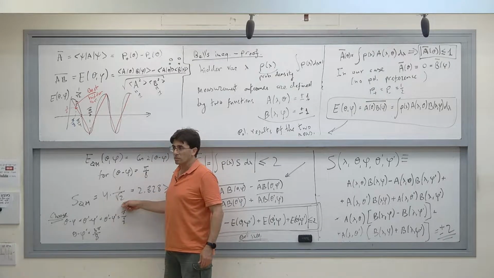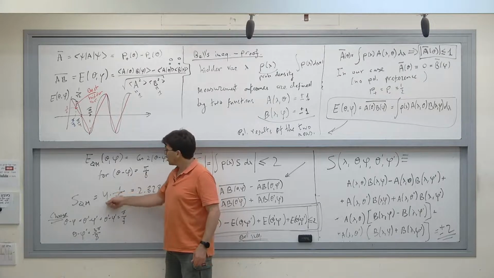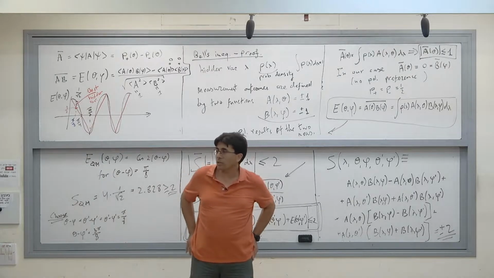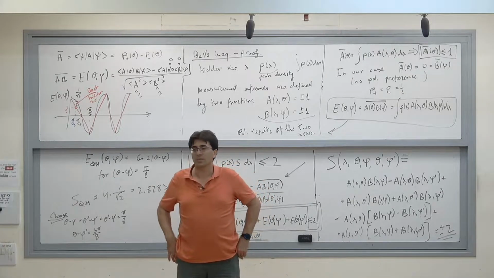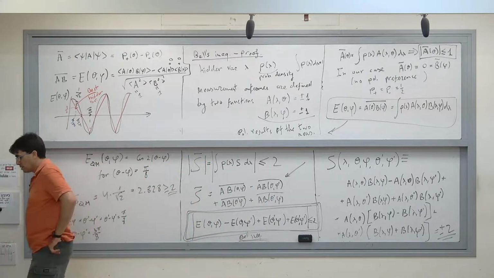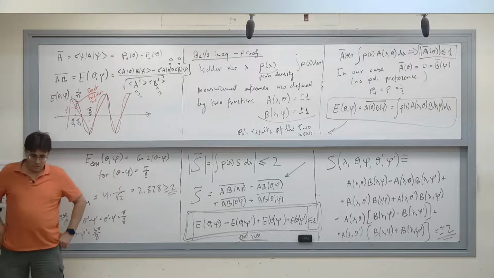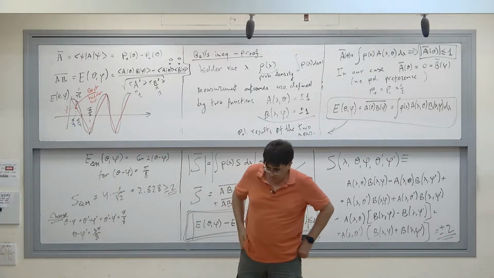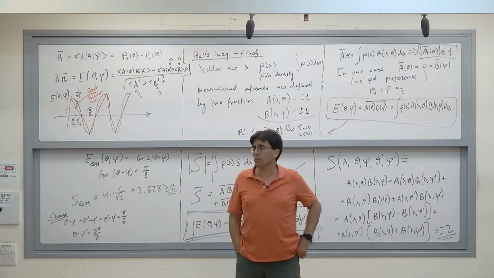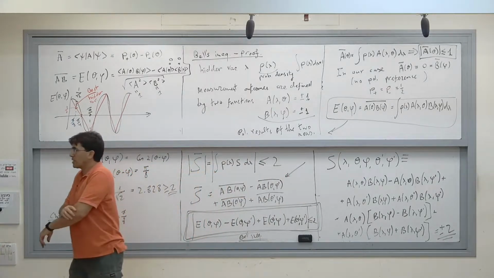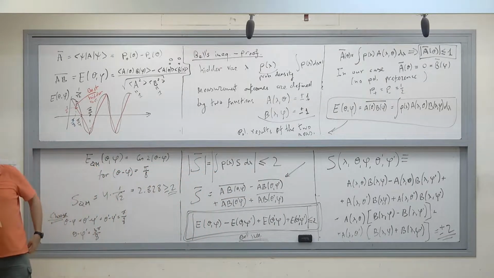And what we get is 4 times 1 over square root of 2. And this is where quantum mechanics wins. So indeed, quantum mechanics predicts that correlations between two measurements are better than the best possible situation if there was a local variable.